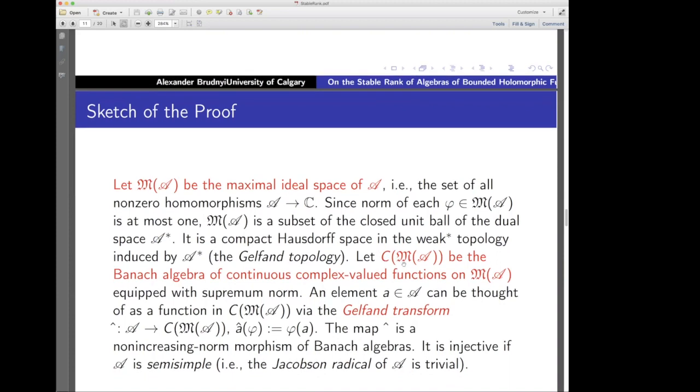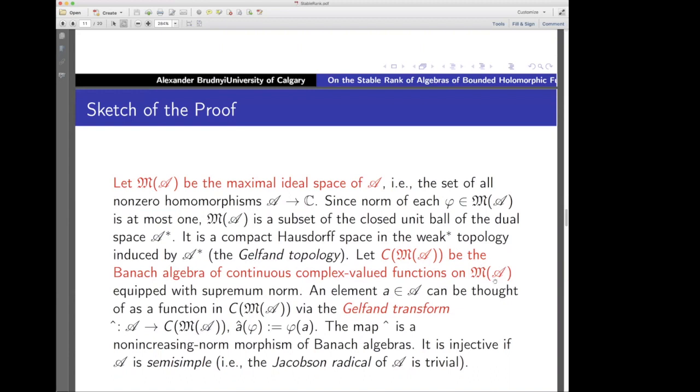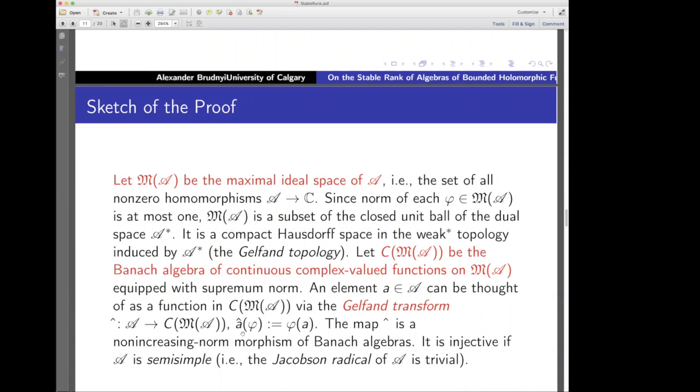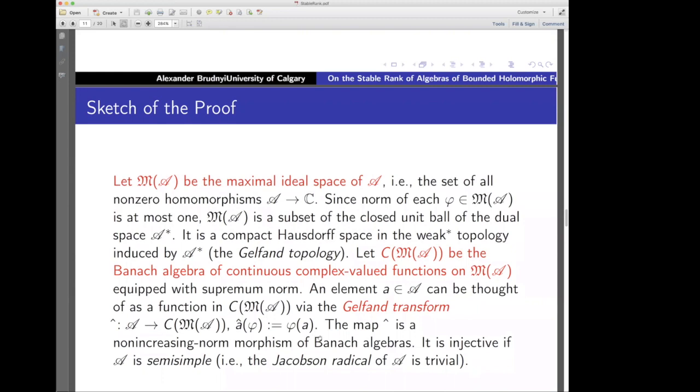So let C(M_A) denote the Banach algebra of continuous complex-valued functions on the maximal ideal space of A, equipped with the supremum norm. Then each element a from this algebra can be thought of as a function on M_A via the Gelfand transform, defined as follows: the Gelfand transform of a computed at the homomorphism φ is φ(a). It is easy to see that the Gelfand transform is a norm-decreasing homomorphism of Banach algebras.